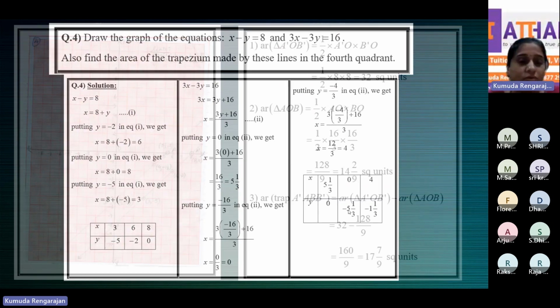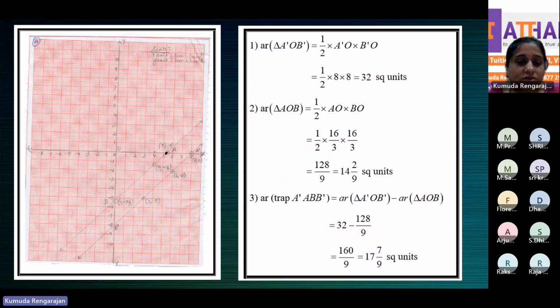This is 4 and minus 1.3. See here, after 1 comes 1.1, 1.2, 1.3. How do you treat that 1 by 3? It's 1.3.